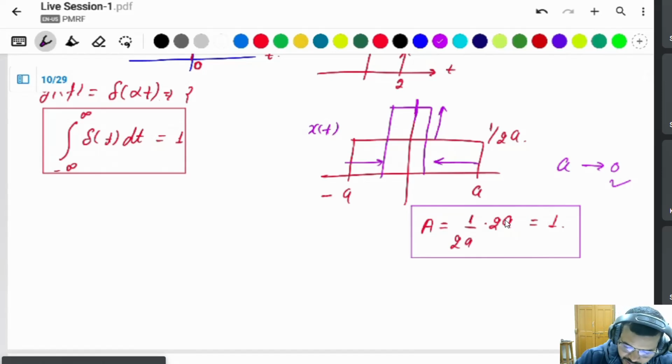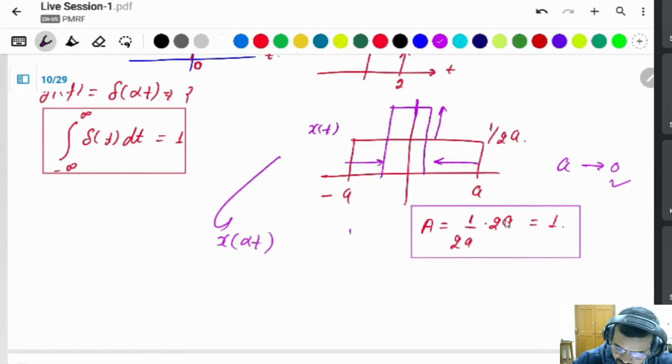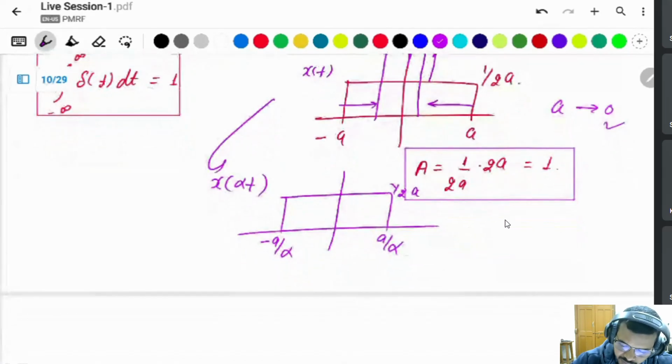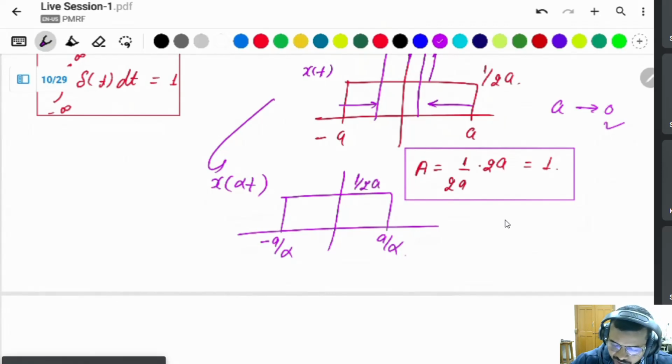Okay, let's apply the scaling property of this one, x(alpha t). If we multiply this one 1 by 2a, this will be divided by alpha. The height of this one is 1 by 2a, it will be divided by alpha.